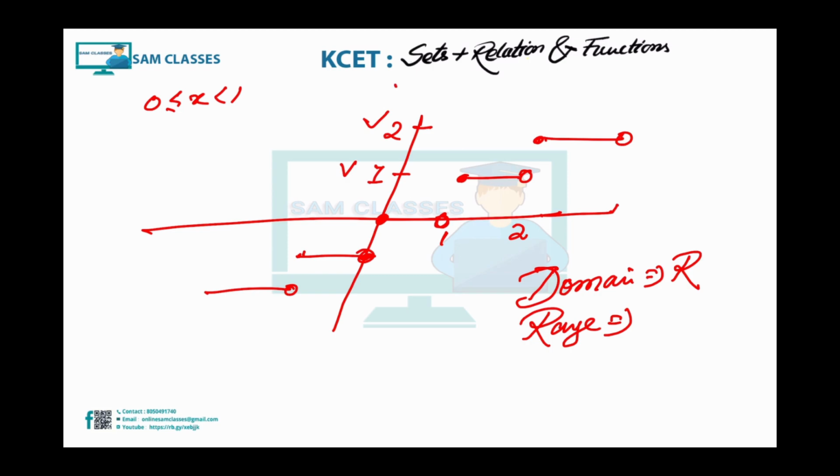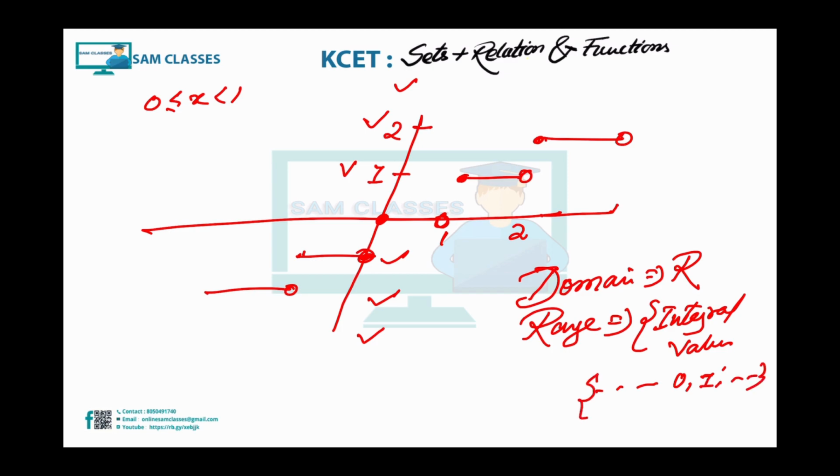It is just taking integer 1, 2, 3, or minus 1, minus 2, minus 3. So it takes only integral values, from negative integers through 0 to all positive integers, but it doesn't take any value between integers. Okay, any doubt, student, you can put it in the comment section.